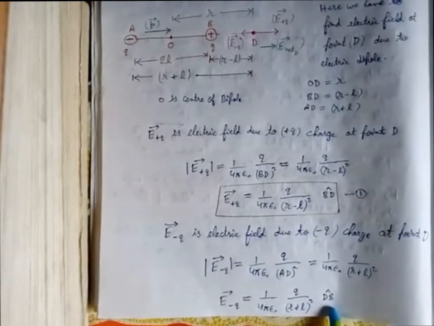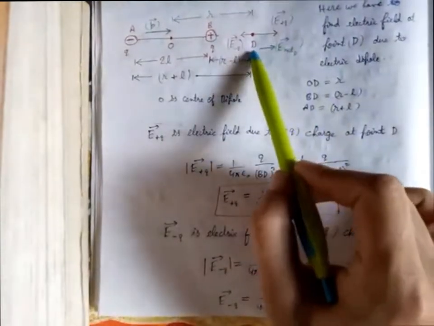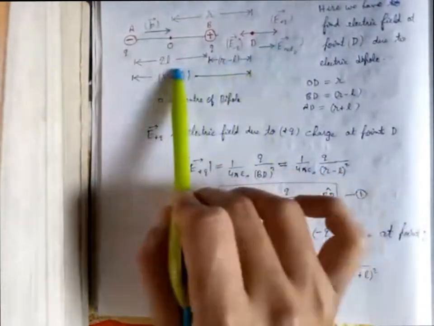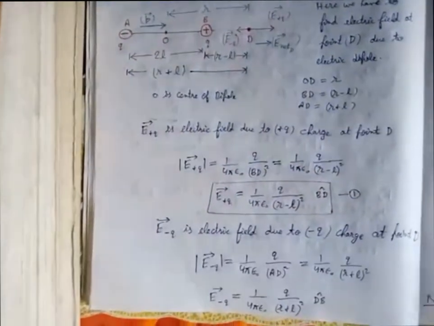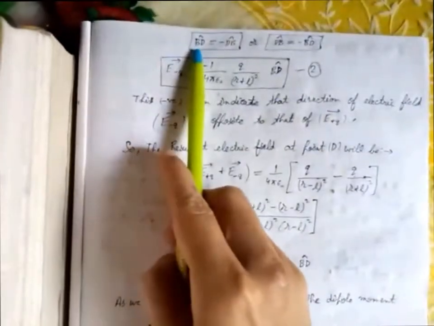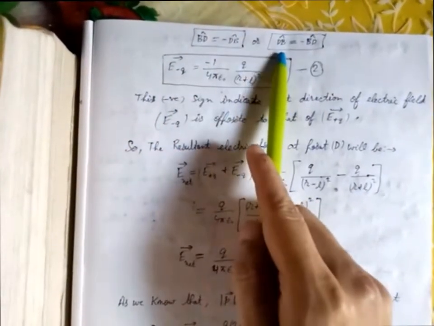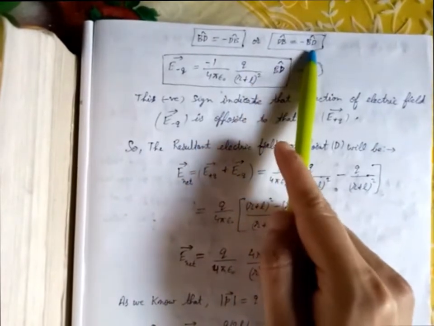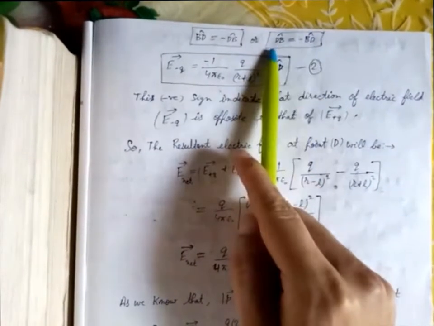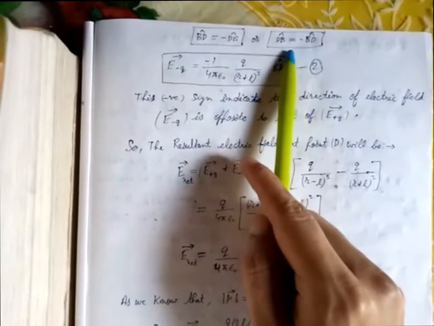E of minus Q will be 1 by 4 pi epsilon naught Q by (r plus L) square along the DB vector, because this is along the D to B unit vector. So BD unit vector is equal to minus of DB unit vector, or we can say that DB unit vector is minus of BD unit vector, because both unit vectors are opposite in direction.